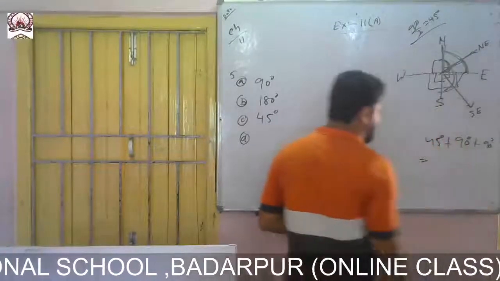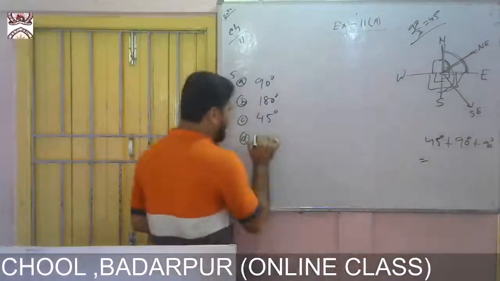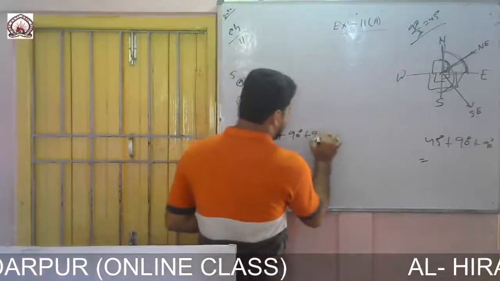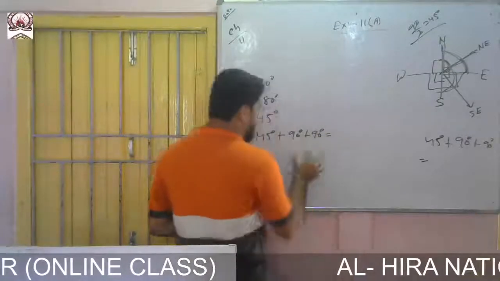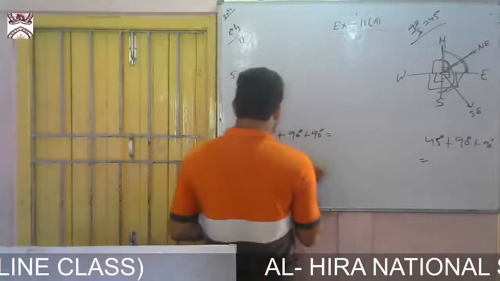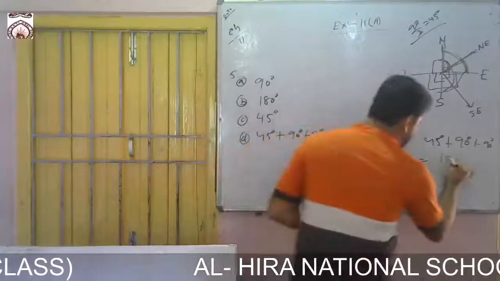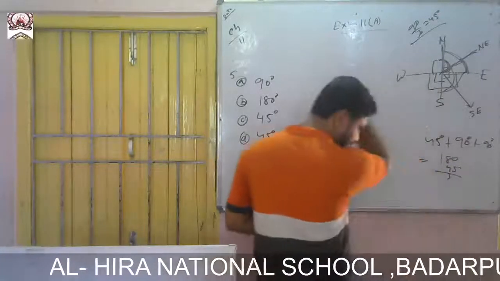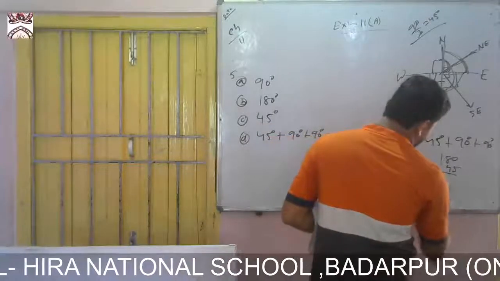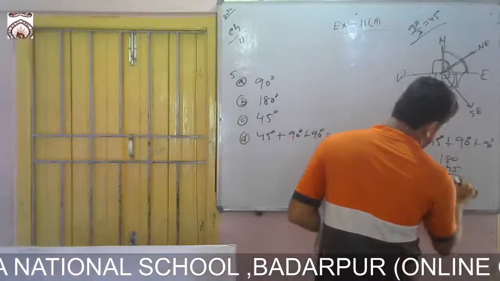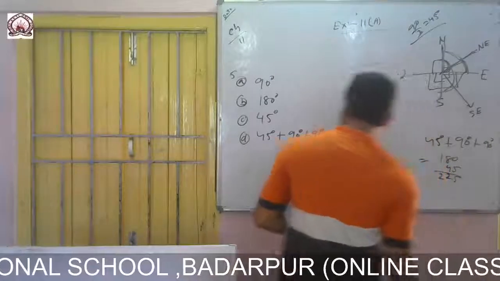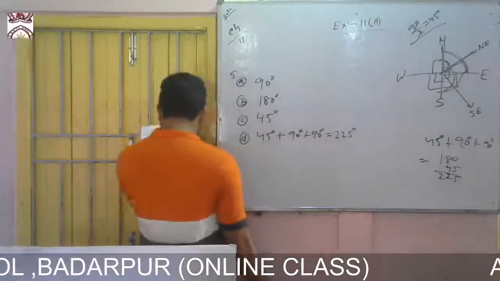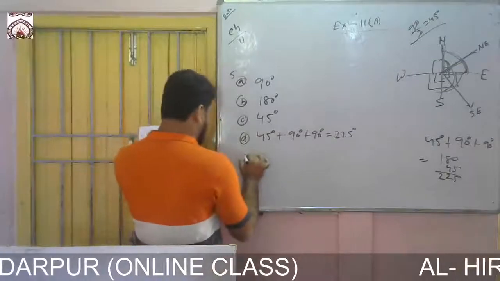So in total, write like this: 45 degrees plus 90 degrees plus 90 degrees. 90 plus 90 is 180 degrees, 180 plus 45 is 225 degrees. D will be 225 degrees.